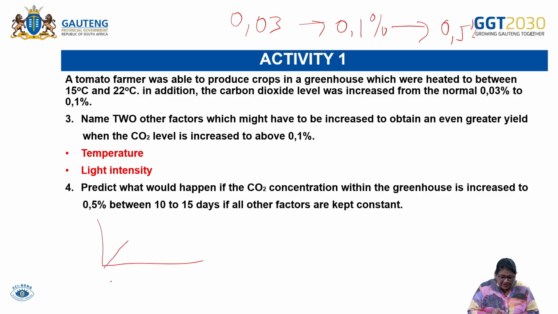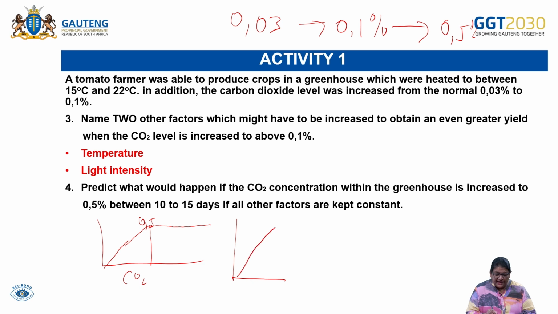Photosynthesis will increase because you're giving it more CO2. It will increase, increase, increase. And then no matter if you go beyond 0.5, it will just flatten out like that. So this optimum here is going to be 0.5% CO2. But then the photosynthetic rate is not going to go on like that. It's going to come like this and stabilize. Why? Because CO2 also is not the only factor. You need CO2, you need water, you need light, and you need the most suitable temperature.